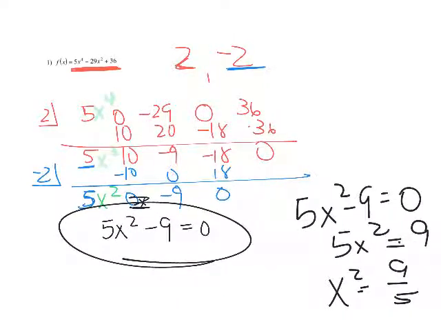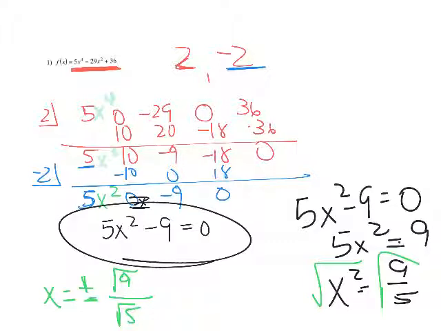I'm sorry. All right, so then you're going to take the square root of both sides. Remember, when you're taking the square root of something, it has to be positive and negative. You are taking the square root of the numerator divided by the square root of the denominator.